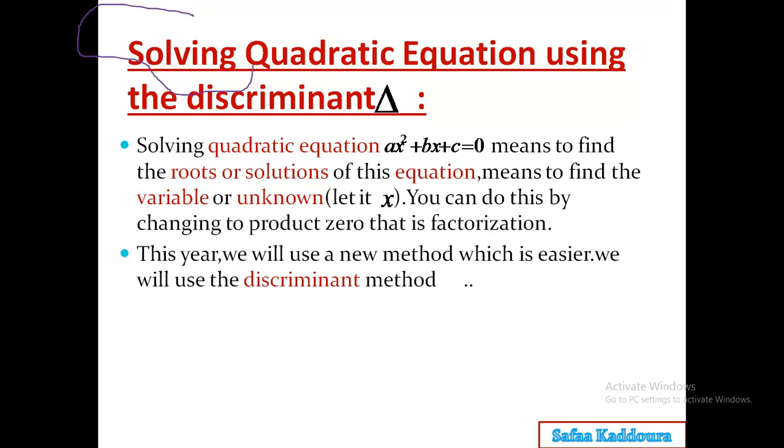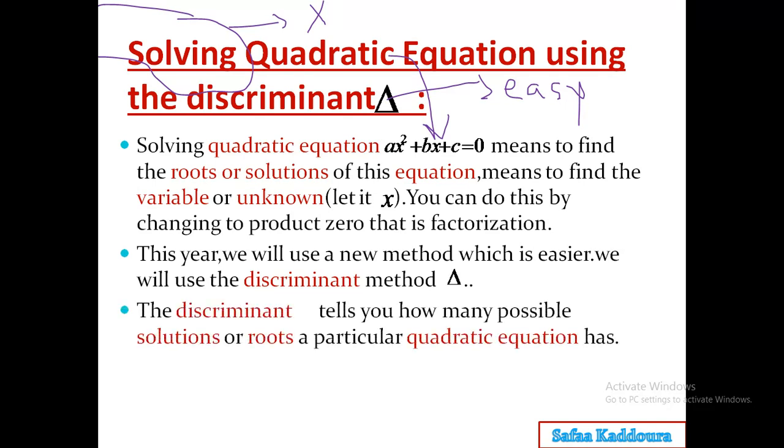Solve the quadratic equation means to find the value of x. A quadratic equation means second degree equation. Using the discriminant is a new easy way.